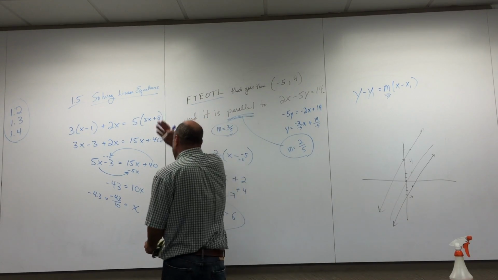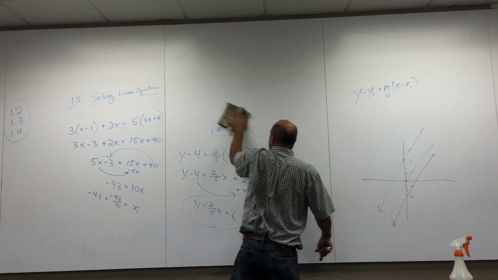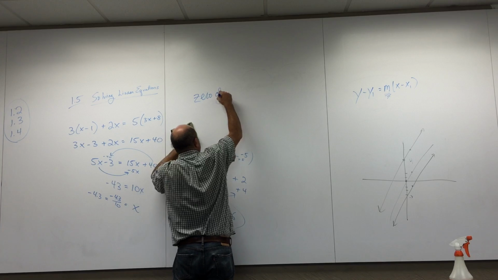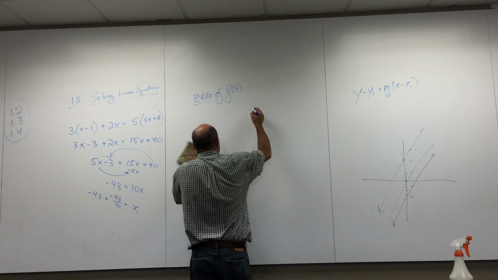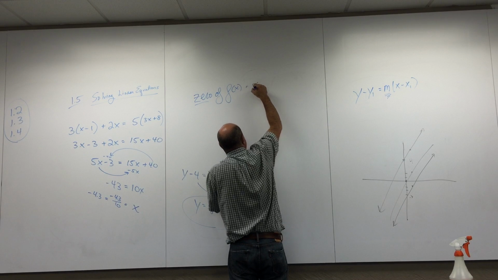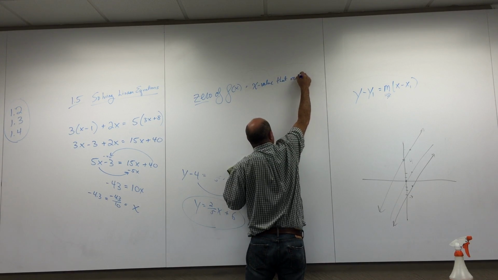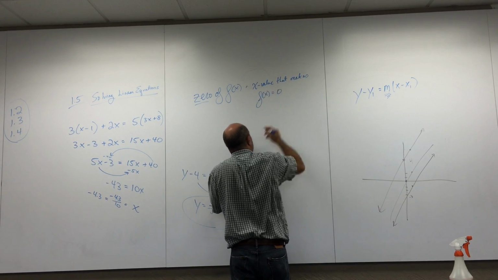So one idea that comes up in 1.5 is this. They call it the zero of a function. They use the word zero of a function, and I'm going to tell you what that is. It's the x value that makes f of x equal 0.